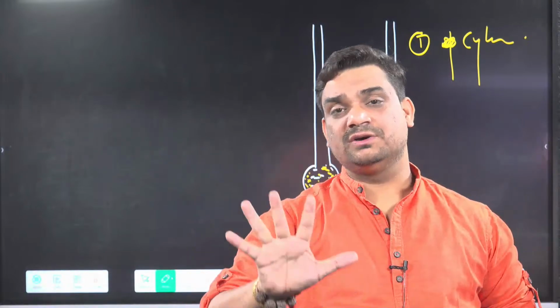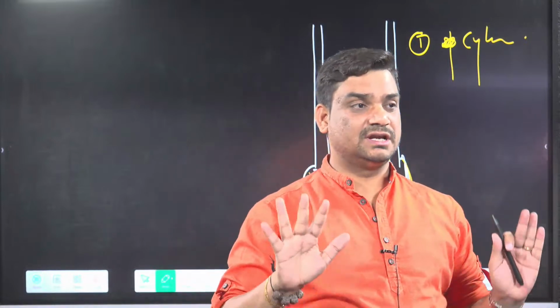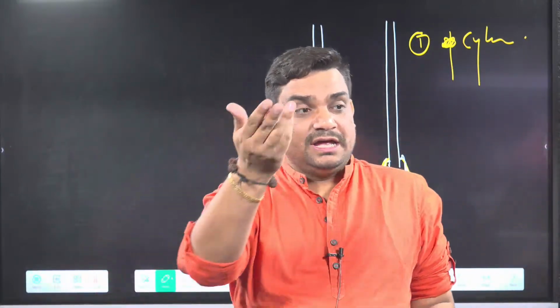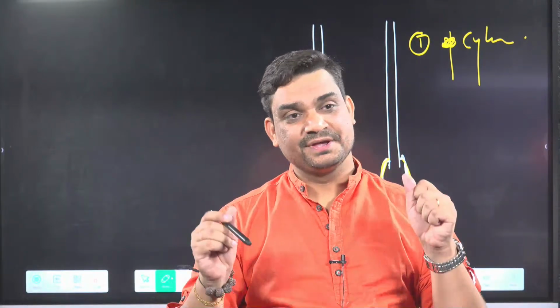Always write key points. Cylindrical bulb preferred over spherical. In brackets you will write the reason. What is the reason for this? Why do we prefer it? What will you write in the bracket?